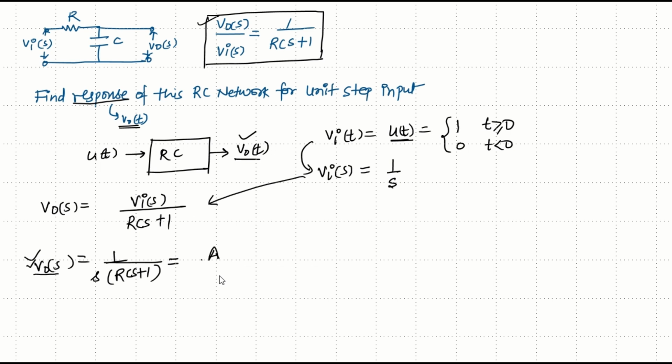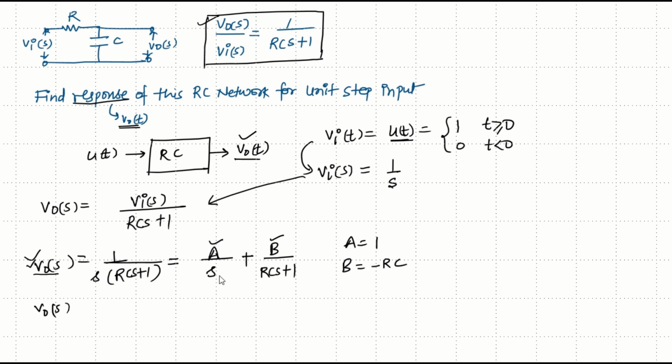Let us suppose the partial fraction of this equation is A by s plus B by (RCs plus 1). Now we can easily calculate these values A and B. I'm not going into the details, I'm just writing that we get A equals 1 and B equals minus RC. So we can put these values.